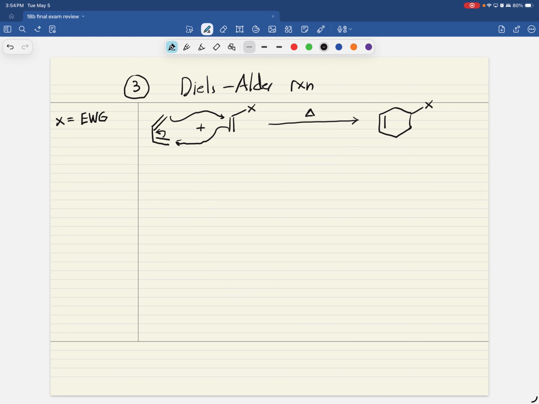All right. One thing we have to think about is the stereochemistry. The only other thing we have to mention is that the stereochem doesn't get flipped or anything, right? It stays the same. It's retained.